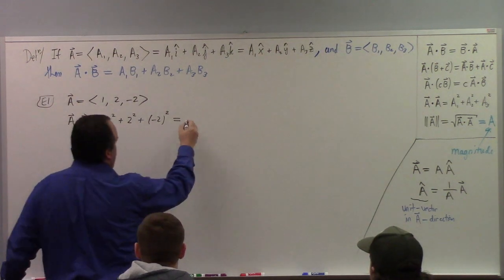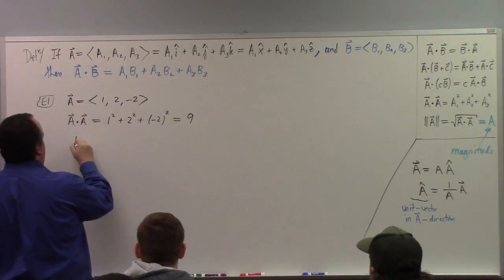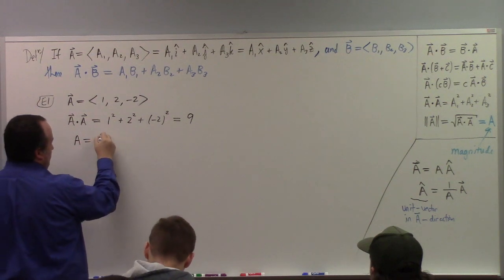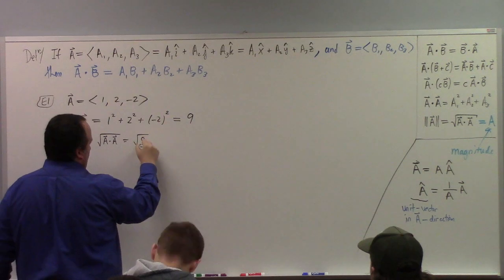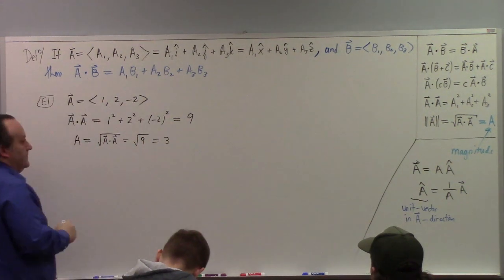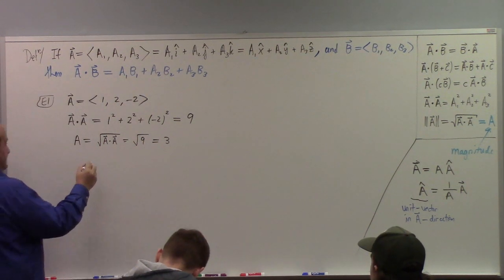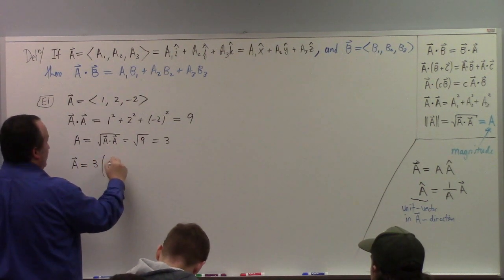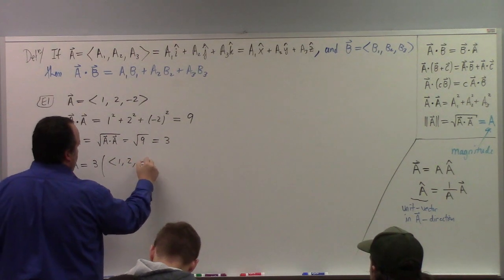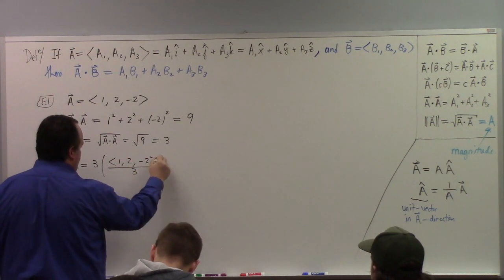So what's the magnitude of a then? Yeah, the magnitude of a is 3, the square root of a dot a, which is the square root of 9. Length is 3. So I can rewrite a as 3 times the vector (1, 2, -2) divided by 3.